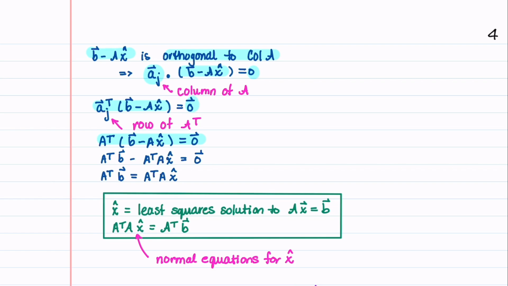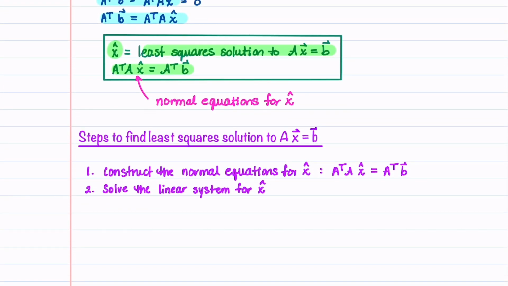If we multiply A transpose by both of these terms, we get the equation A transpose times b is equal to A transpose A times our vector x hat. This gives us a formula for our least squares solution. x hat is our least squares solution to A times x is equal to b. And the way that we're going to find x hat is we're going to solve these normal equations for x hat.